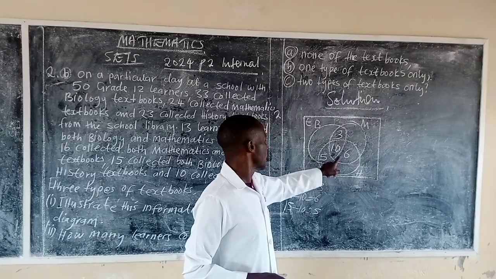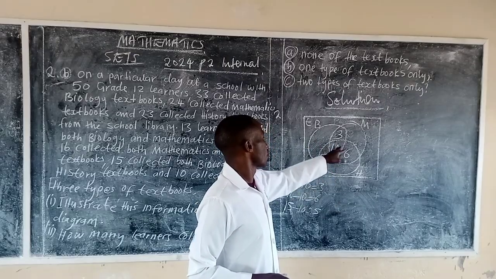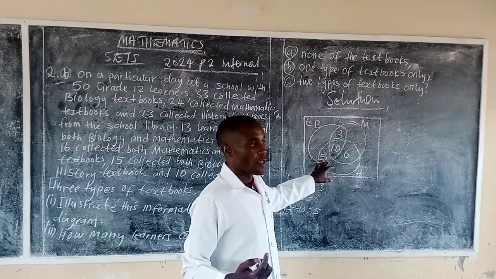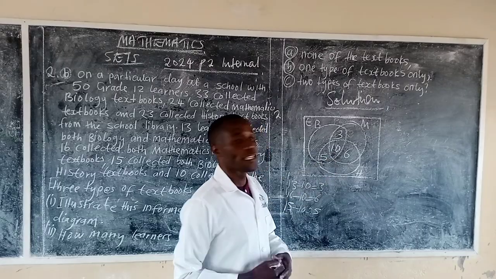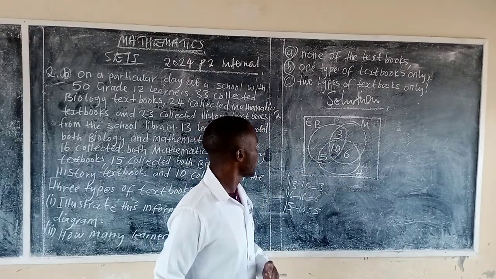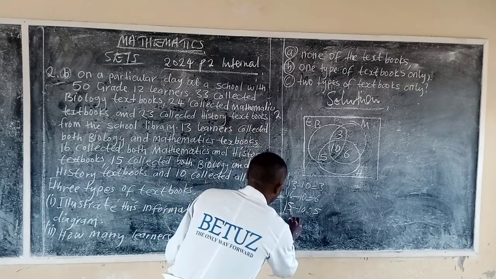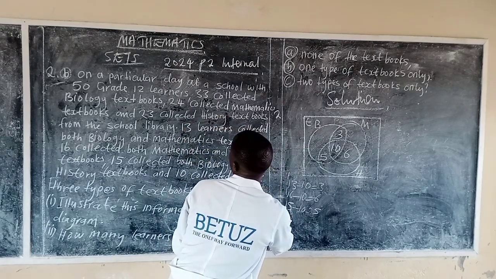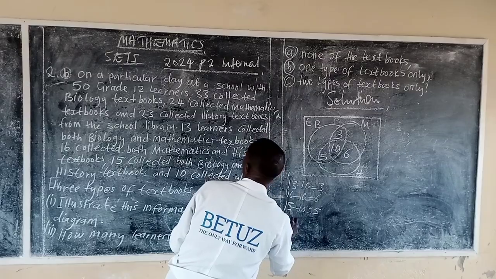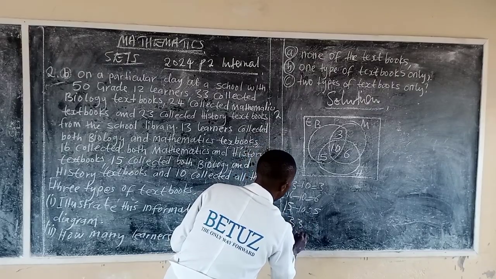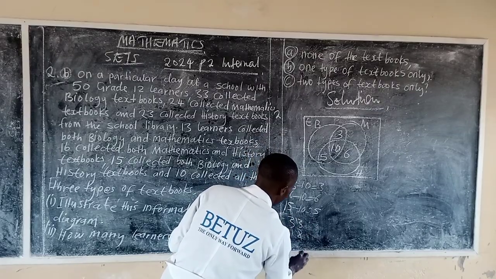So 3 plus 10 plus 5. So 3 plus 5 is 8. 8 plus 10, you are going to have 18. So meaning 18. So for you to know the number there, because the total is 33 in this set, we are going to subtract 33 minus 18. Okay?